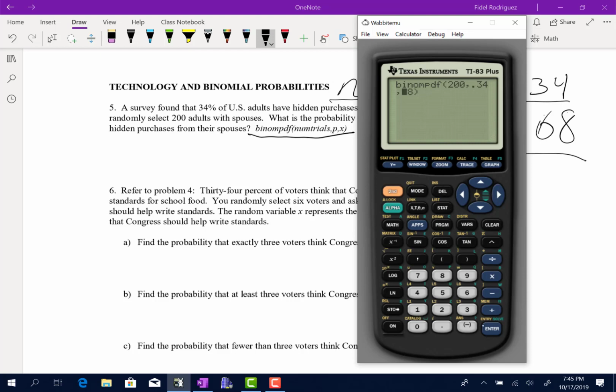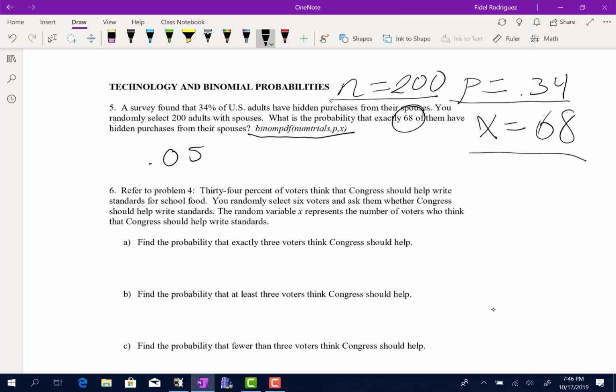Hit enter, and that's the probability I'm coming up with. So again, let's go to 4 decimal places, since that's what we've been doing. 0.0595.